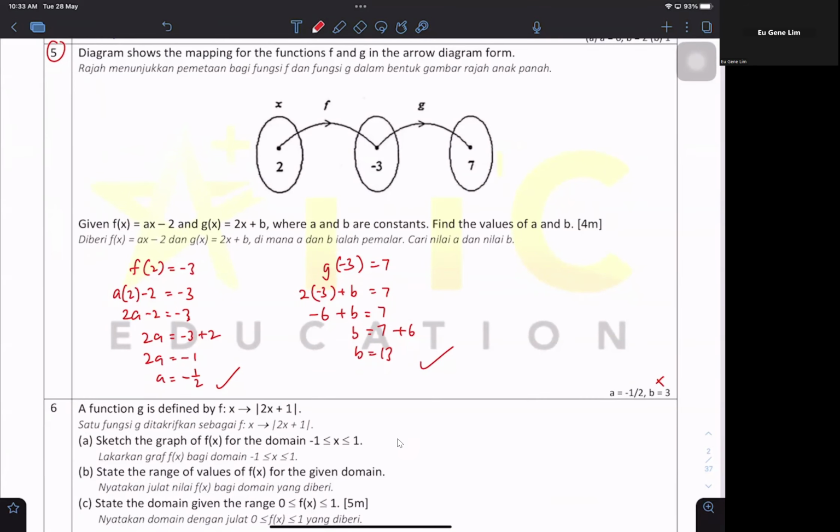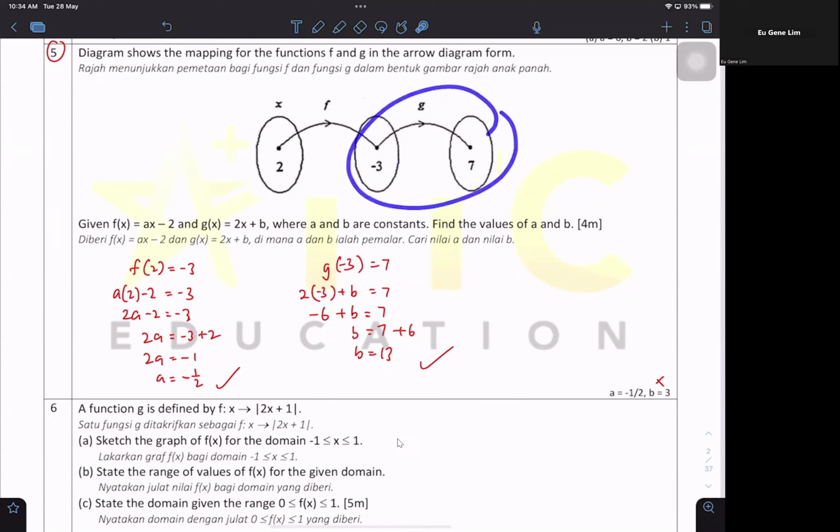Huh? Wait. No. Not 2 times 2. 2 times negative 3, because negative 3 goes through g and becomes 7. So you sub negative 3, not 2. Okay, I understand.